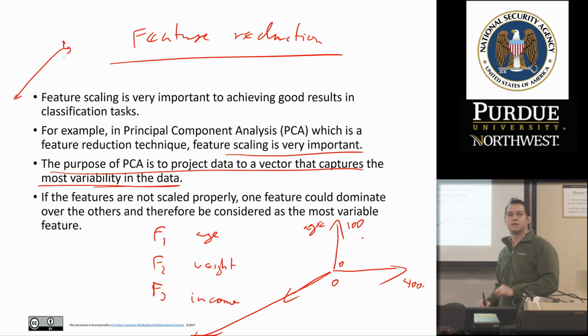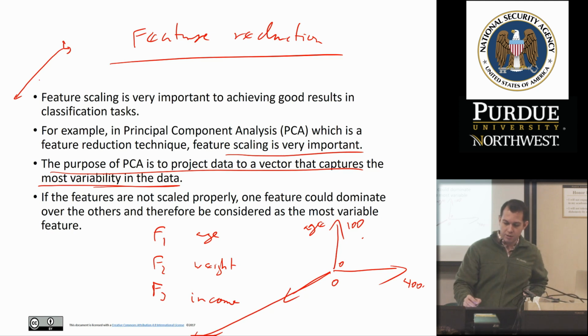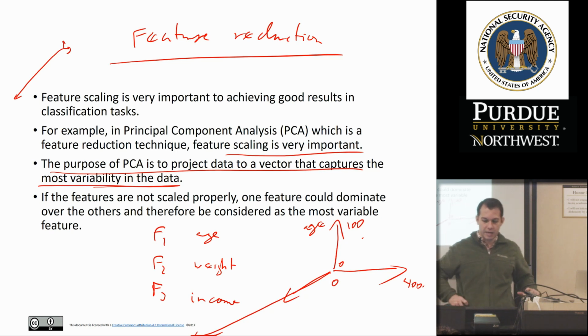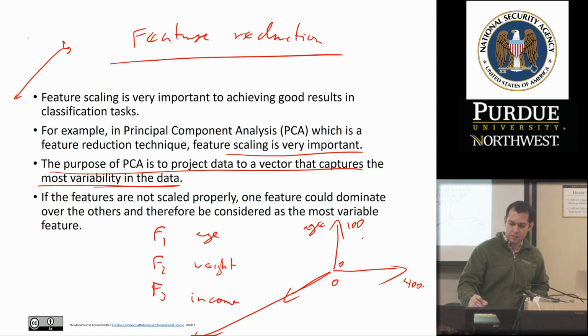Do you see that? And so this feature here is too long in comparison to the other ones. Do you guys see that? And that's what scaling is. Scaling is, I'm going to scale all of these to be from 0 to 1. Right? Because it's going to be in relation to 400, or in relation to 100, and in relation to 1 billion. Right? And so that allows you to make it into something that's proportional.